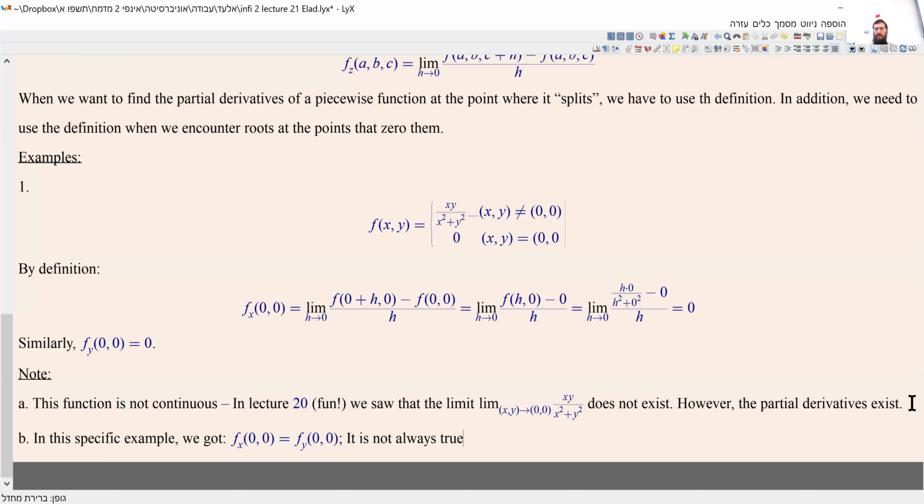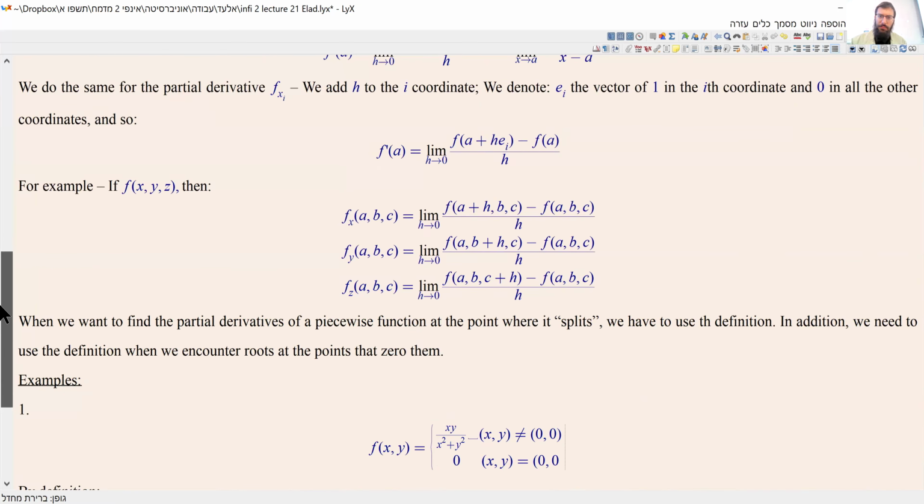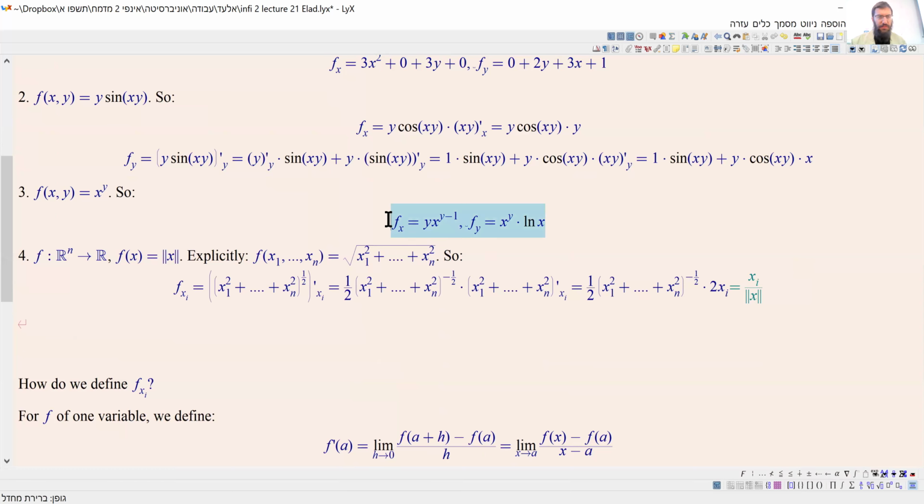And moreover, even when it is true, it does not say much about the function. So in this specific case, and probably in other cases, there isn't any connection between fx and fy. I mean, for the first kind of examples, we got totally different derivatives for x and y.